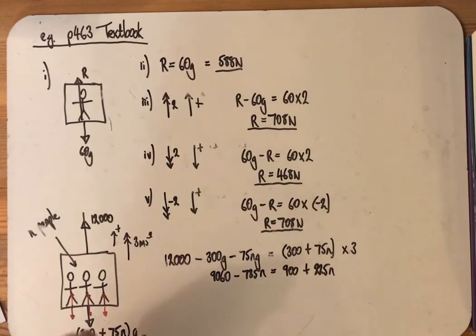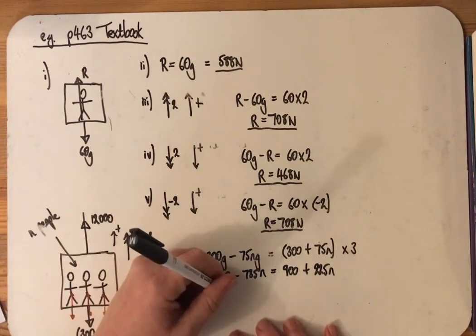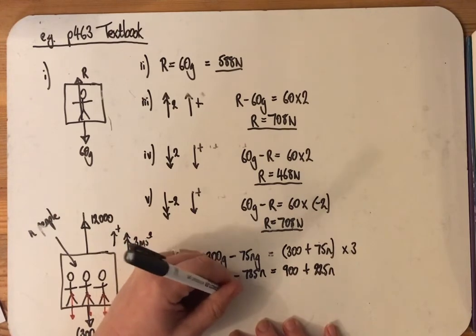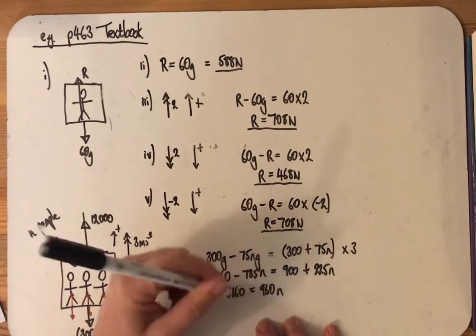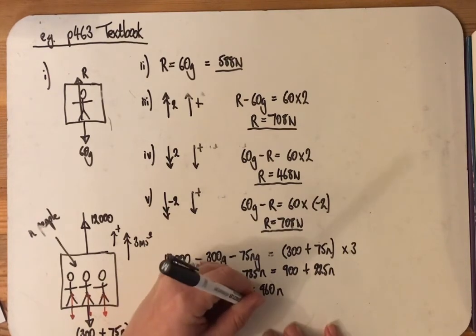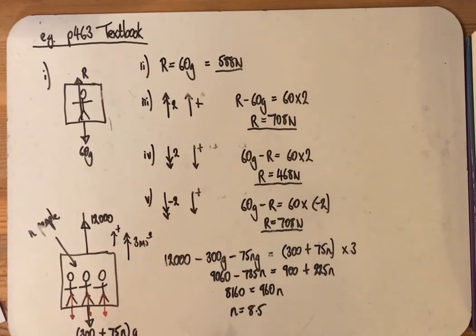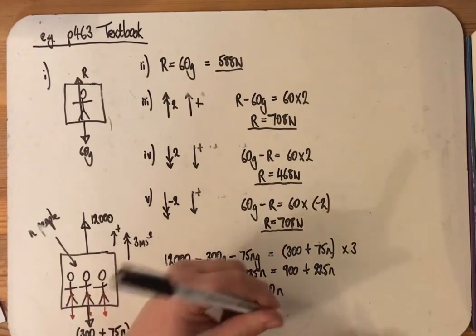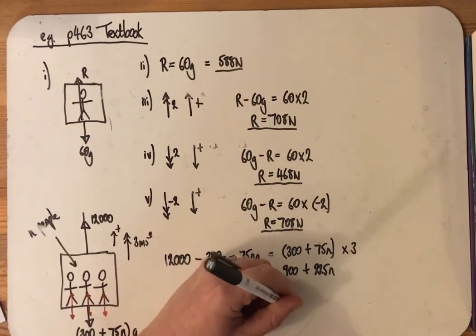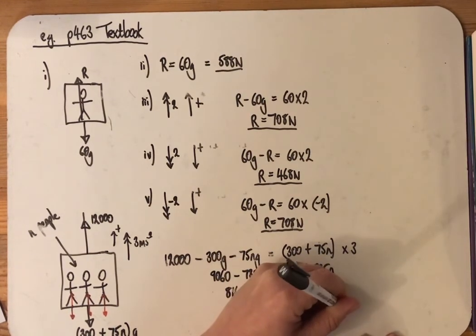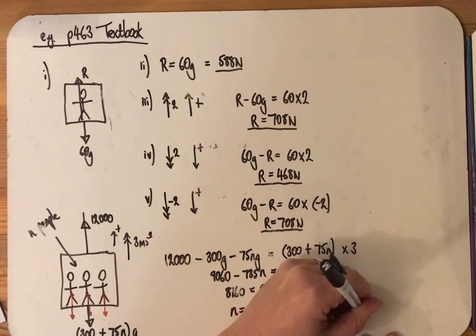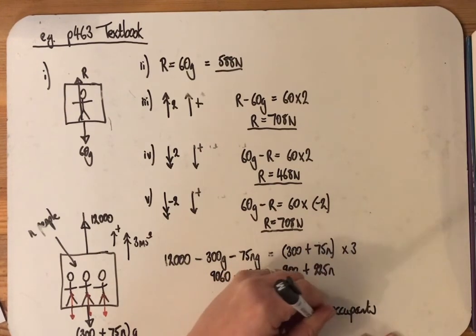And then N comes out as being 8.5. We want the maximum number of people that can be safely carried, so we don't really want to round that up. So always think about which way to round in these sort of questions. So the maximum number of people will be 8 occupants.